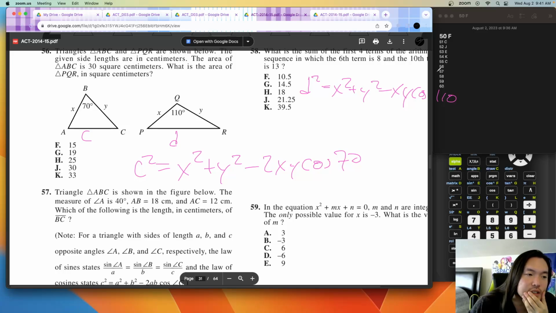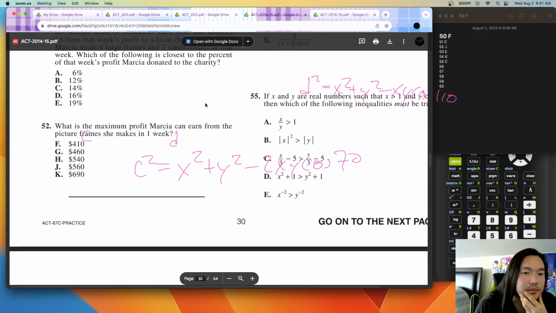Is that helpful? Yeah, so this is the question. What do I do with this information that I have now? Honestly, I'm not sure. Let me think for a little bit more. What else can I solve in this problem? So we have the triangles, the side lengths are in centimeters. What is the area? Is there any information that I'm missing?